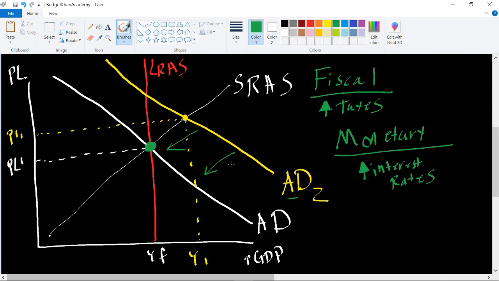And this is going to have the same effect on aggregate demand as well. It's going to be decreasing aggregate demand with the intention of coming back to that full employment output, that long-run equilibrium. Well, there's a third option as well, and it's called self-correction.